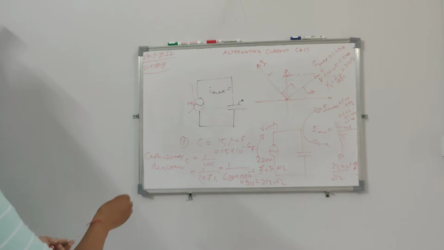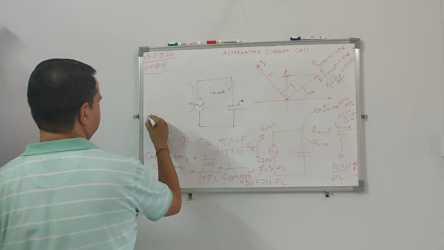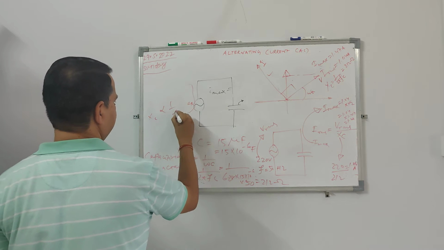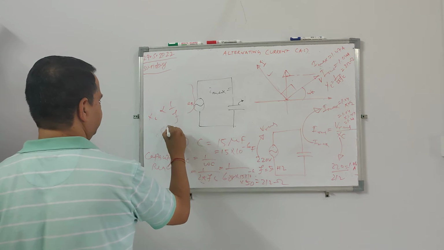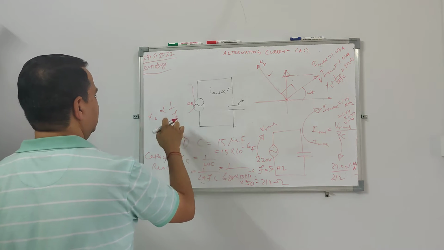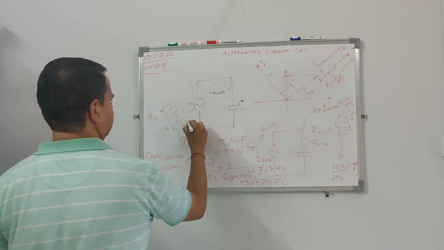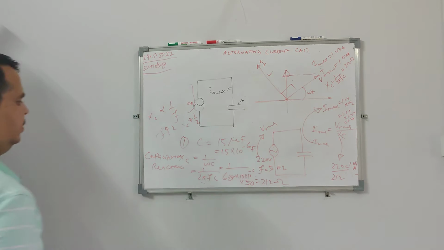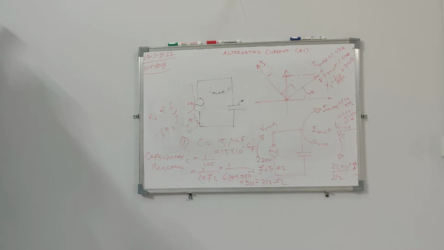Capacitive reactance XC is inversely proportional to frequency. So if the frequency is doubled, XC will become half. And since the current is inversely proportional to XC, the current will double.